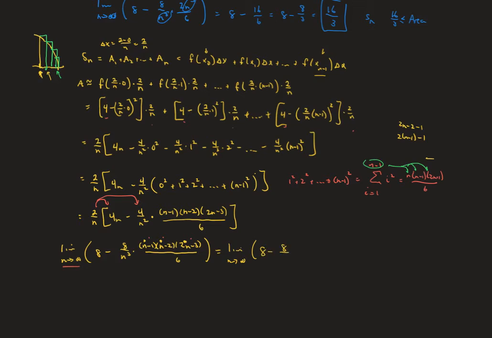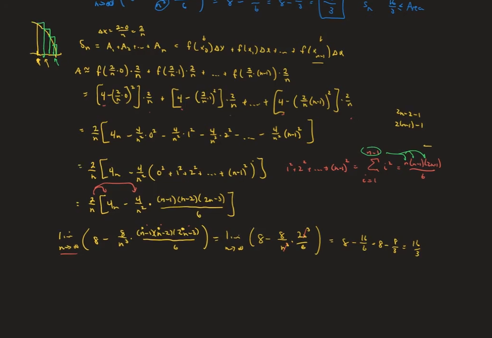So there's going to be an 8 over n cubed times 2n cubed over 6 again, which looks very familiar. So as n goes to infinity, these are going to go at the same rate, so we can just cancel them. We're going to get 8 minus, and here again is our 16/6. That's again going to be 8 minus 8/3, which is again going to be 16/3.